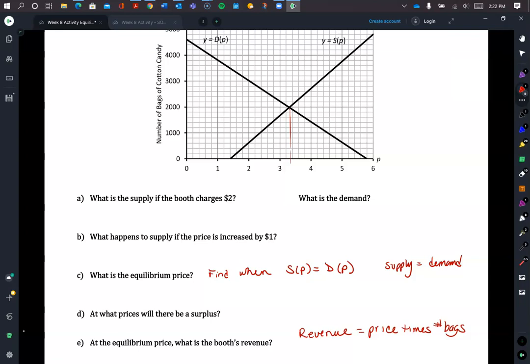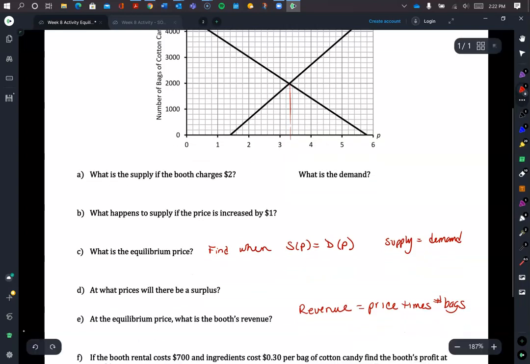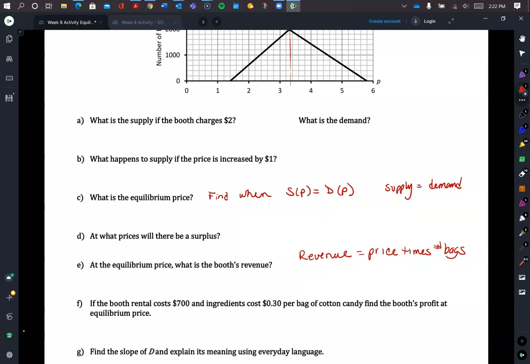You have to figure that out algebraically. And then profit is the next one. If the booth rental costs $700 and ingredients cost 30 cents per bag, find the booth's profit at the equilibrium price.